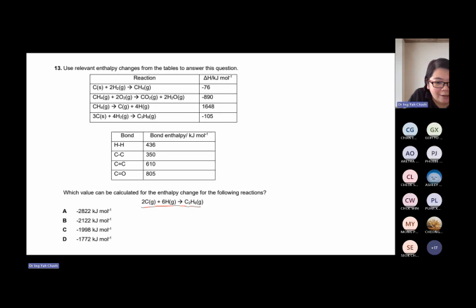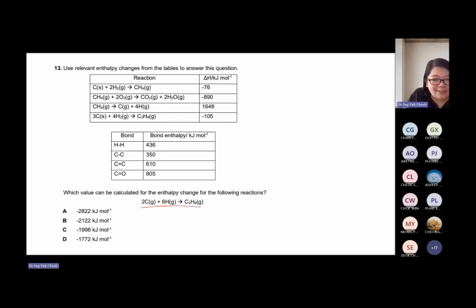Now, in this reaction, I have gaseous carbon atoms, gaseous hydrogen atoms. If they give you everything in gas, it's good news because gaseous atoms means they don't have bonding between each other. They are far apart from each other. So you don't have to consider how to break them so that they can become gas. They are already in gaseous form.